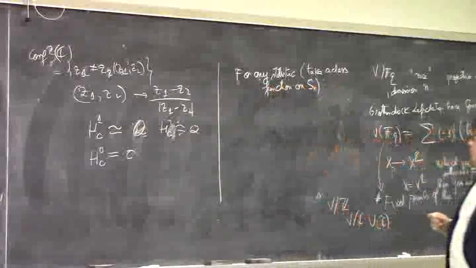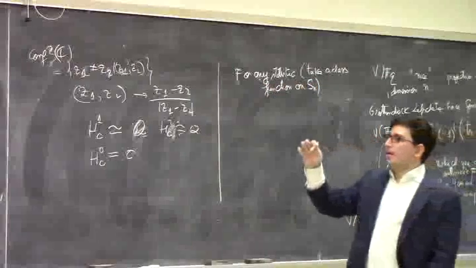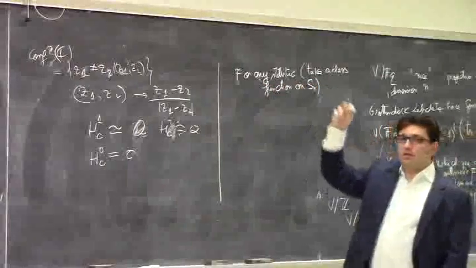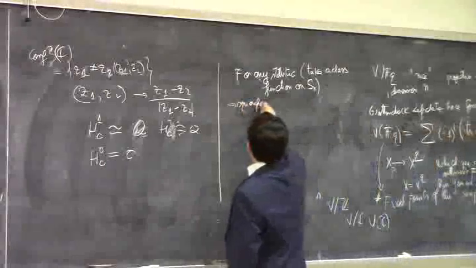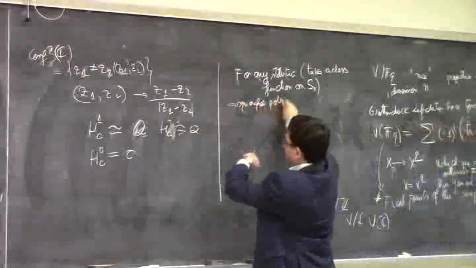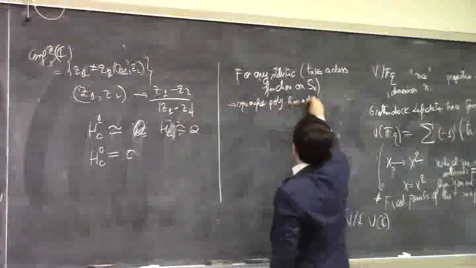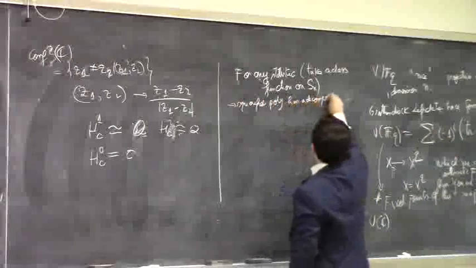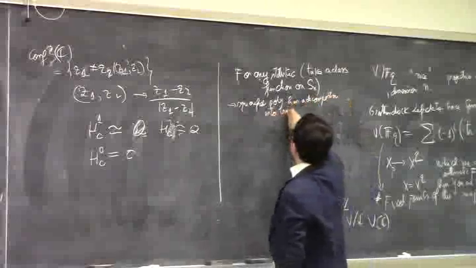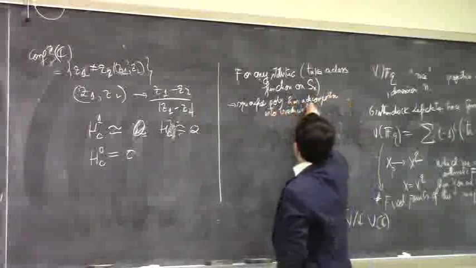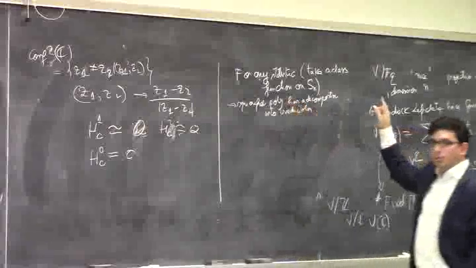When I say take a class function, I'm secretly using that every square-free polynomial has a decomposition into irreducibles, and the Frobenius action on this gives you cycle structure.